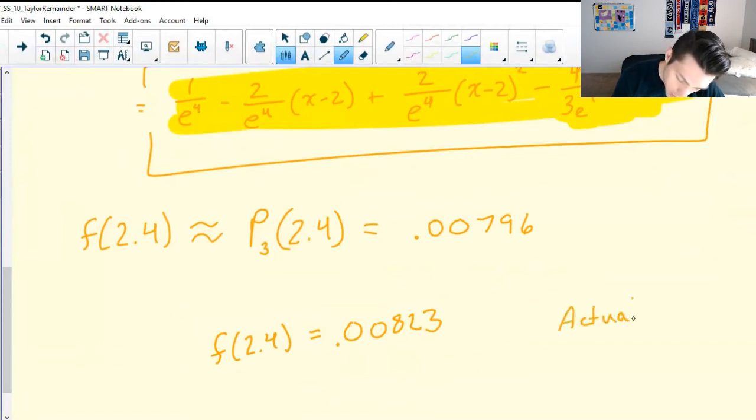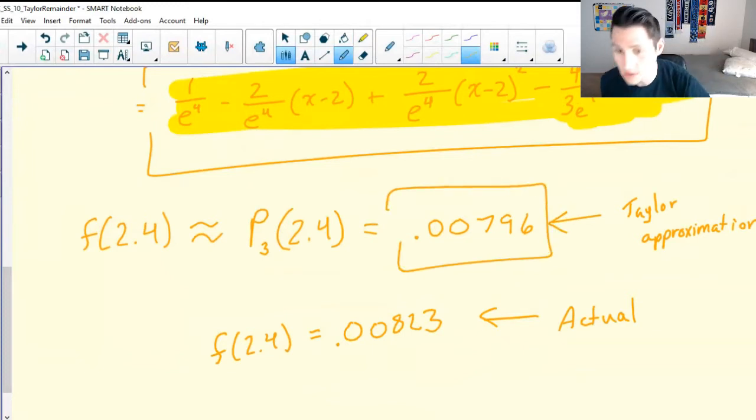All right, so this is the actual value. If I just take my original function f and plug in 2.4, this is what I get. And this is what we get from our Taylor approximation.